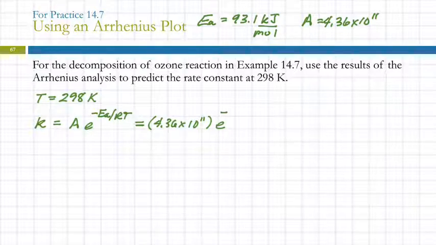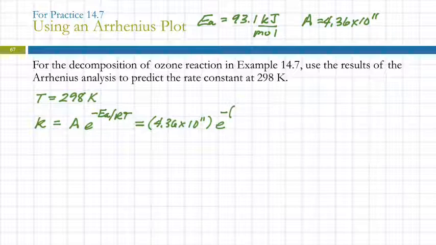We need to be careful here, because we changed the units on this to kilojoules because it gave a nicer answer. Should we use kilojoules in the exponent? No. We need to put that back into joules.